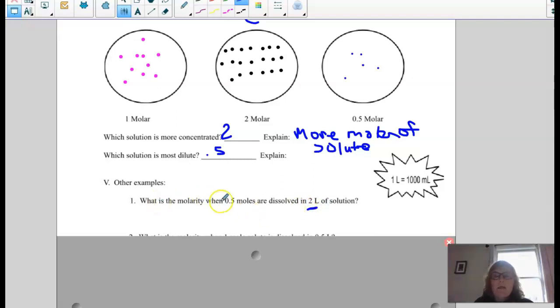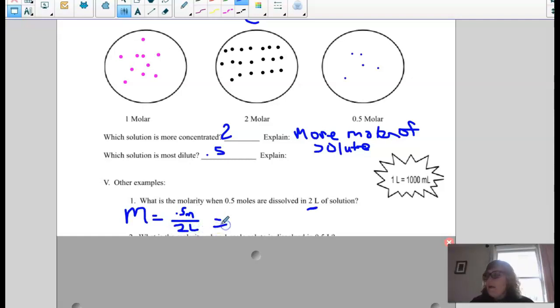In this problem, it says, what is the molarity when you have 0.5 moles dissolved in 2 liters? So if I want to find the molarity, remember that's capital M, 0.5 moles divided by 2 liters.